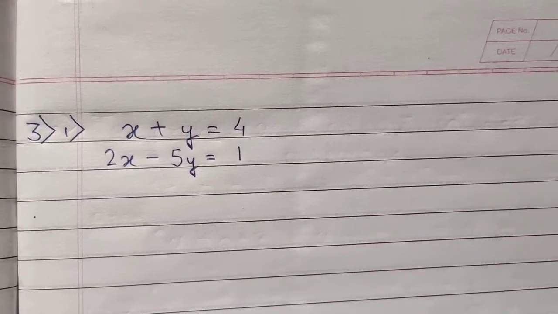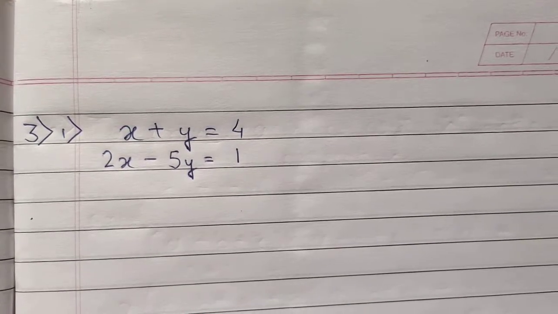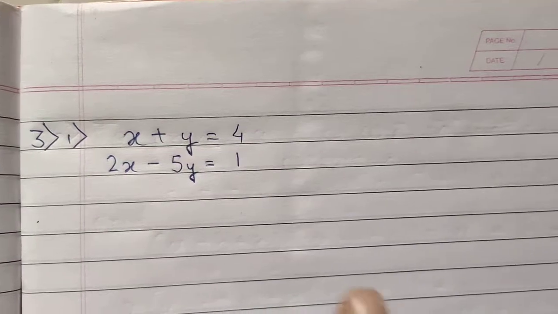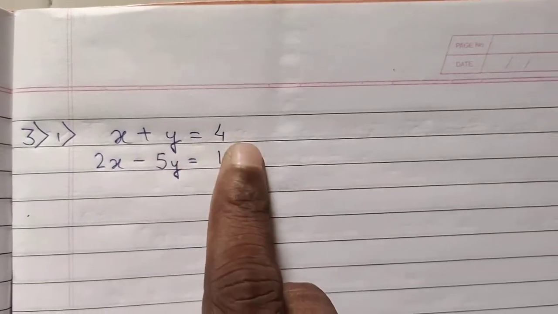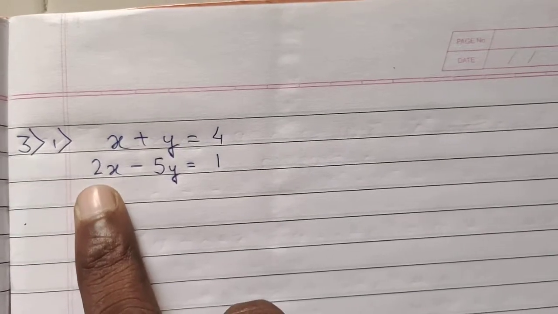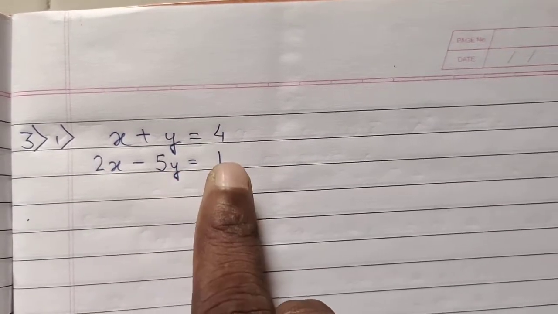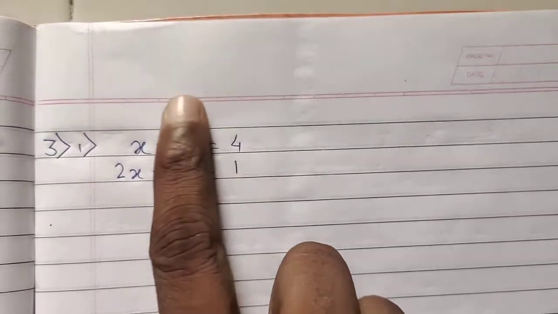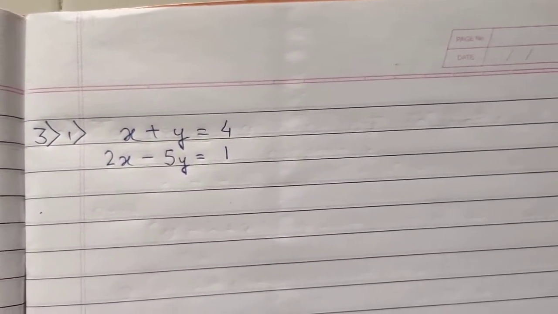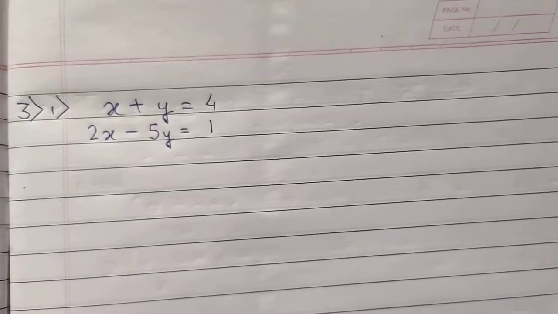Now students, you can see our first question of question number 3 is x plus y equal to 4. This is our first equation, and then we have second equation 2x minus 5y equal to 1. Now we need to solve these two equations simultaneously to get the answers of x and y.